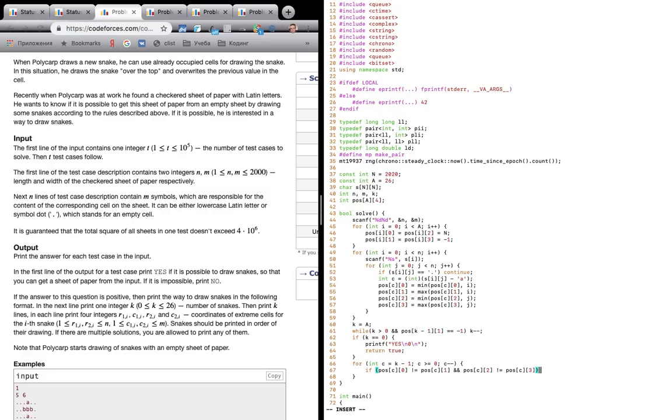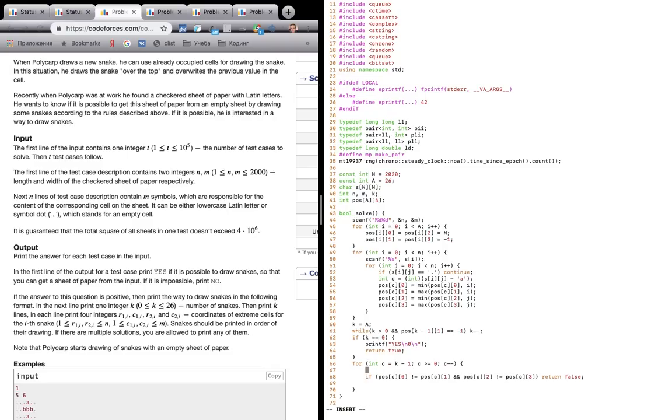This means that we have some rectangle with height more than 1 and it is bad. Okay, otherwise we can check all the things.